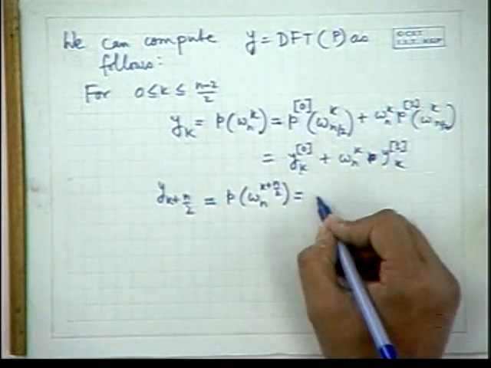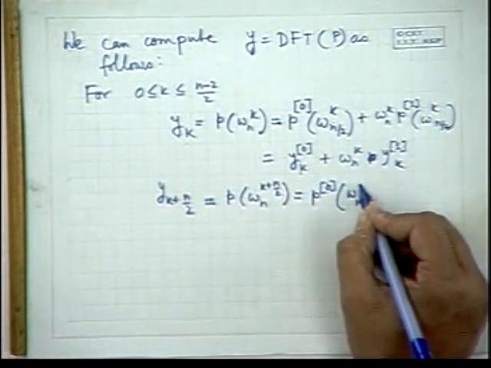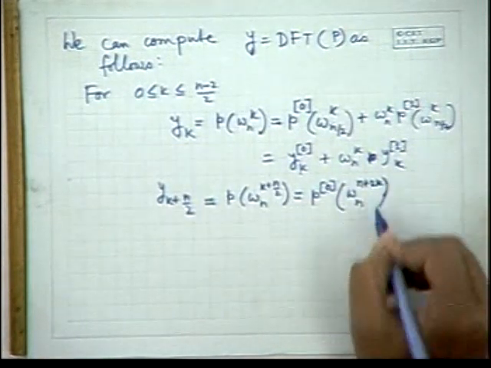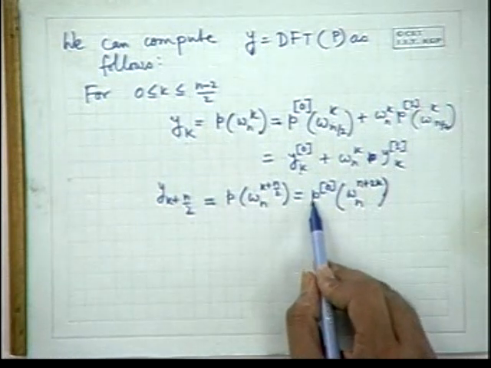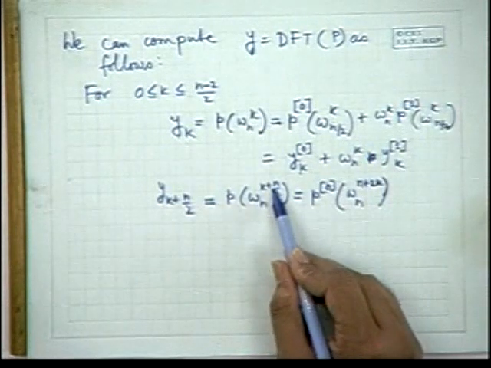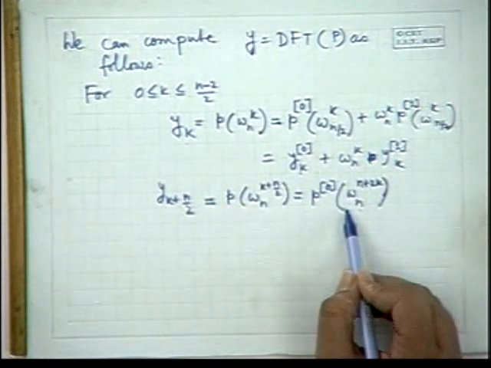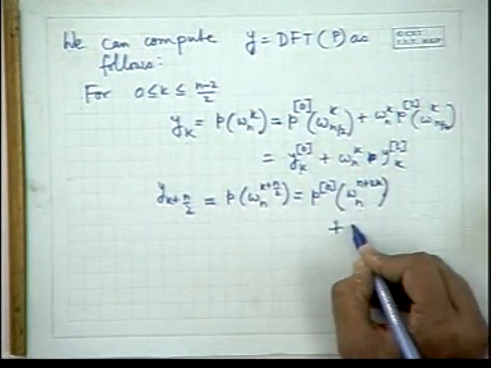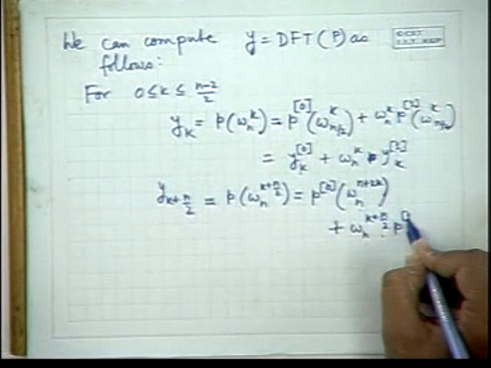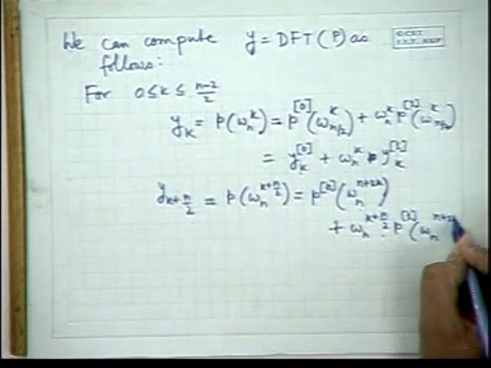This I can write as again P0 of w_n^(2k plus n). This part, why? Because for P0 you square this one up. If you square this one, it will be w to the power 2k plus n over n, that is this part, plus x, which is w_n^(k plus n over 2), then P1, again squared up. If you square, you will get w_n^(n plus 2k), the same thing.